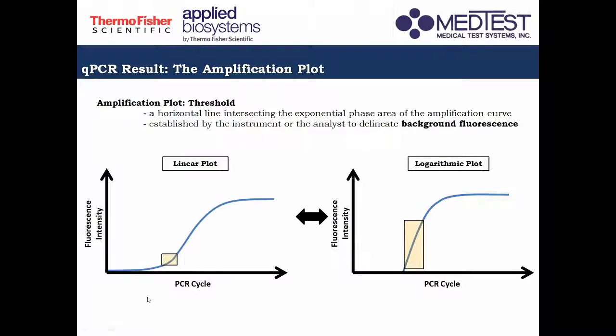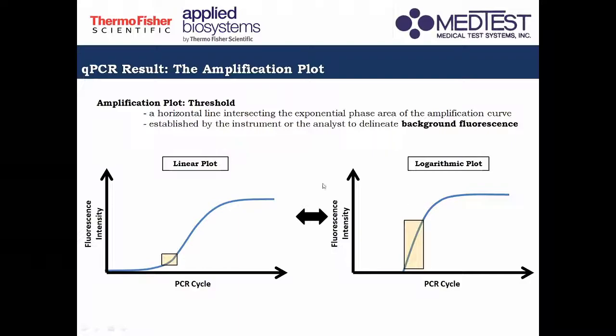So normally we would want to set a line, what we call a threshold, in an area of your curve that depicts the exponential phase. So makikita nyo dito sa plot na to, ito yung naka-highlight na area, ito yung part ng exponential phase, no? And this is also depicted here in the logarithmic plot.